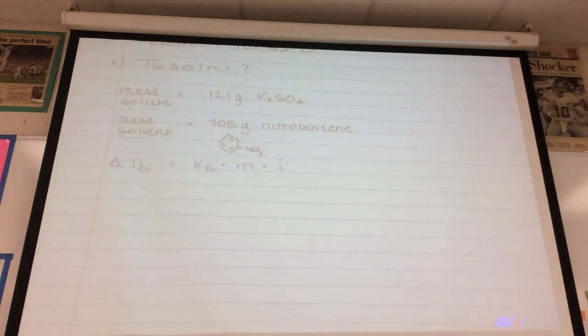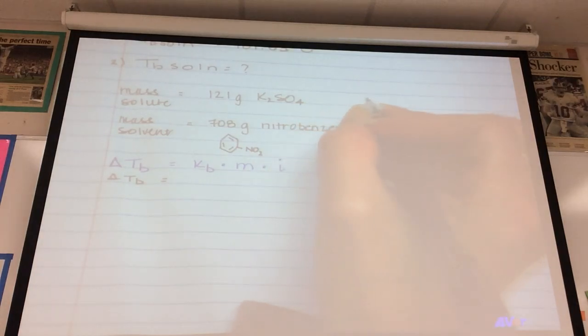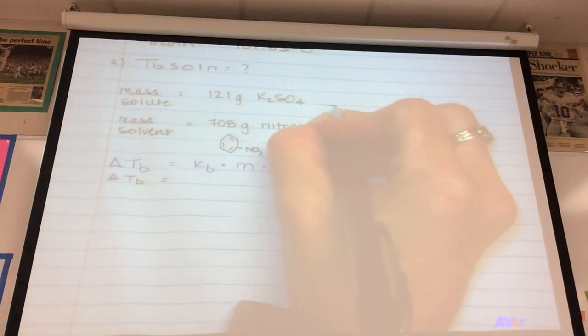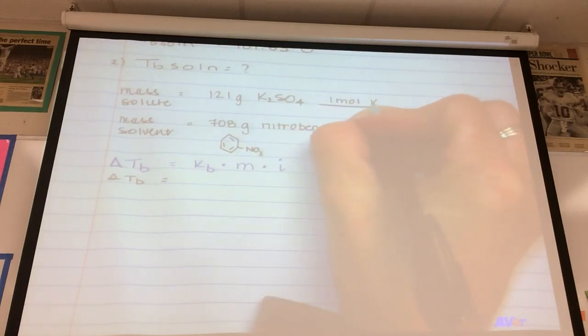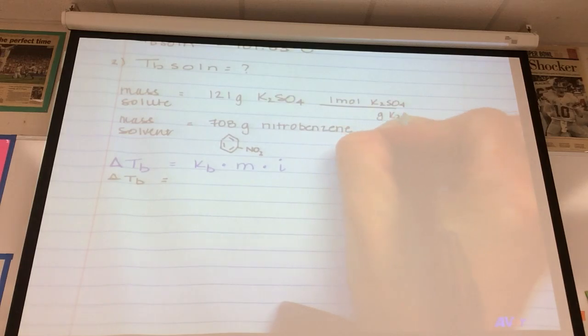So what should we do? You want to convert mass to moles? Solute or solvent? So we'll get the formula mass of potassium sulfate.